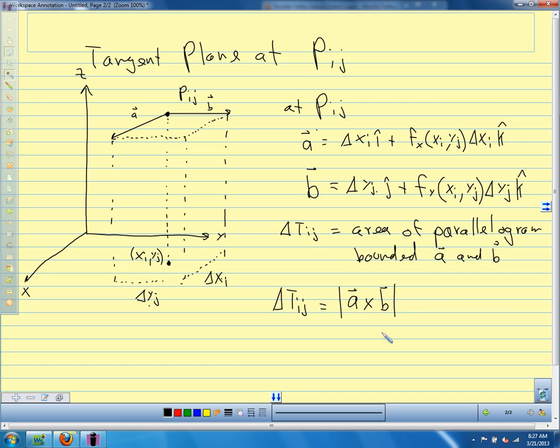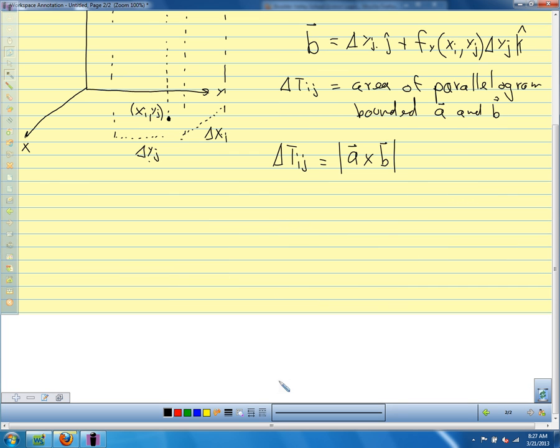And we're going to form this cross product, and we're going to come up with a nice way to write our surface area. So A cross B, I'll write out this determinant: i hat, j hat, and k hat. Delta x sub i, 0, and our partial here.